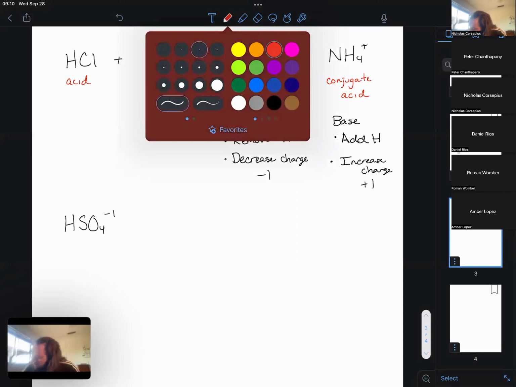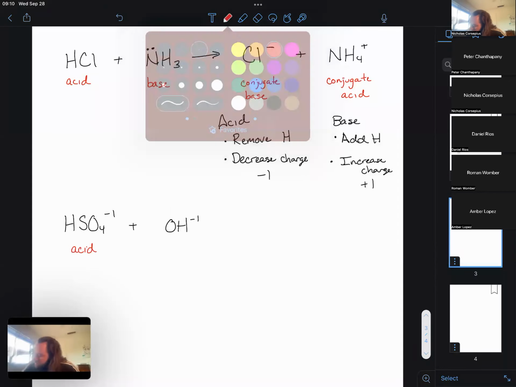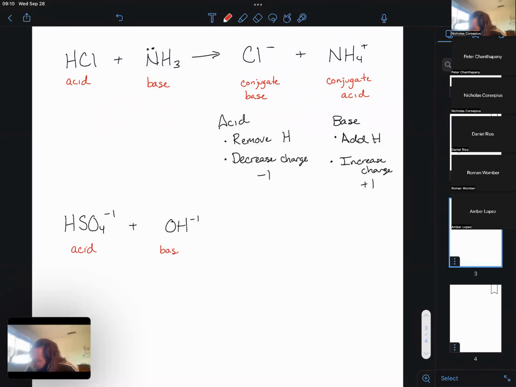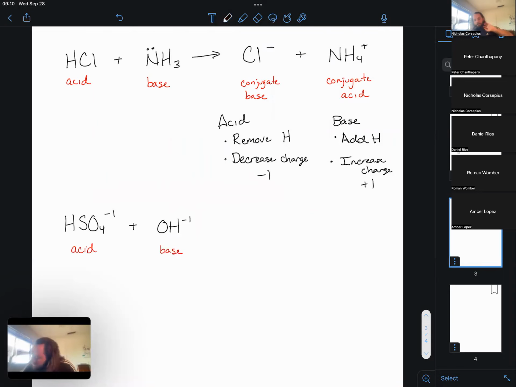This is going to be playing the role of our acid. And then we have one of the most commonly used bases in the lab over here, the hydroxide ion, no doubt one that you'll be using this semester, is our base. So take a minute and give me what the conjugate acid and conjugate base are for this reaction.